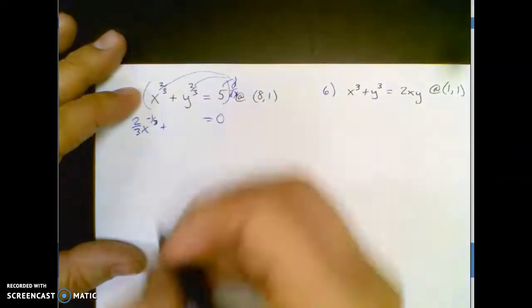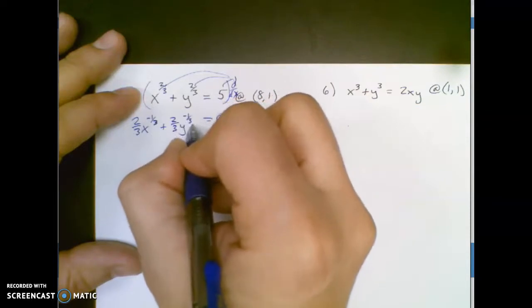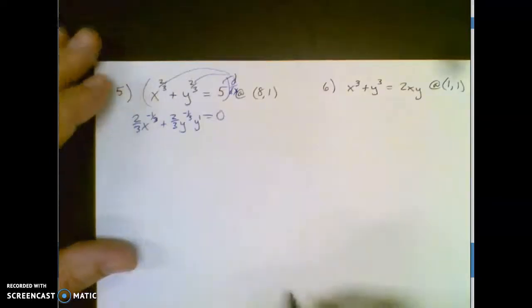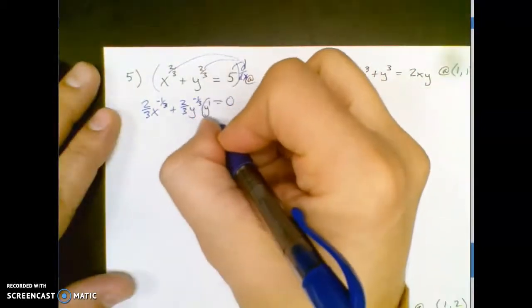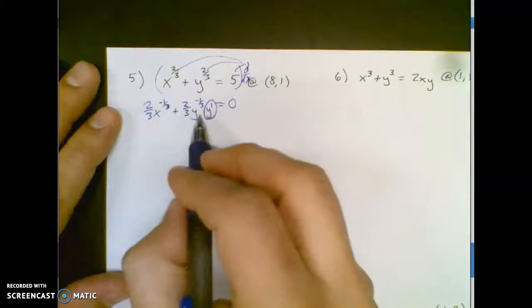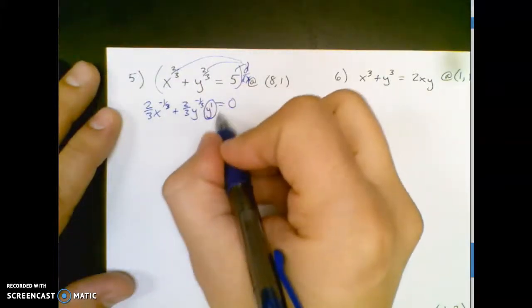And this one's almost the same. You've got 2/3 y to the negative 1/3, but then I have a penalty of y prime because it doesn't match my letter. Okay, that's the whole thing with implicit. Now the good news here is I only have one y prime, so it's not going to be a ton of work to get it by itself.